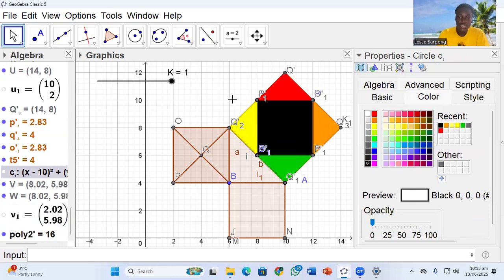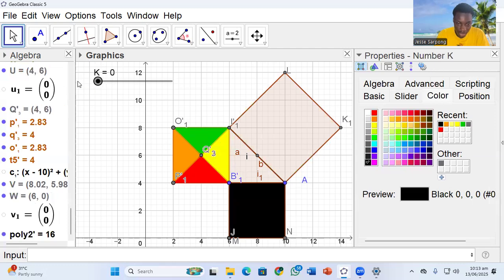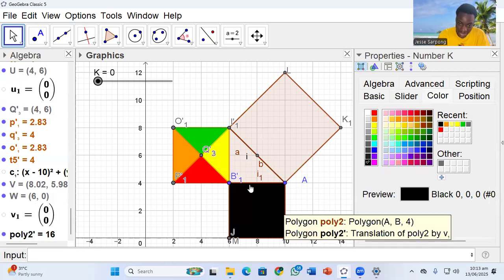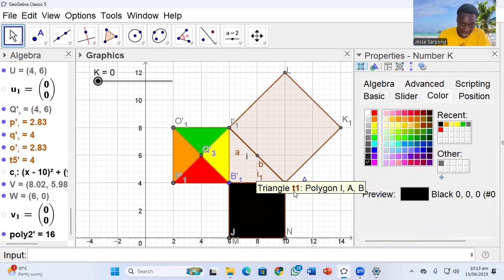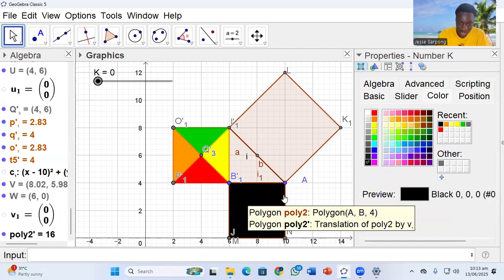Now the explanation which goes into this is that the square of the opposite, this is the opposite square, plus the adjacent, which is the black square over here.